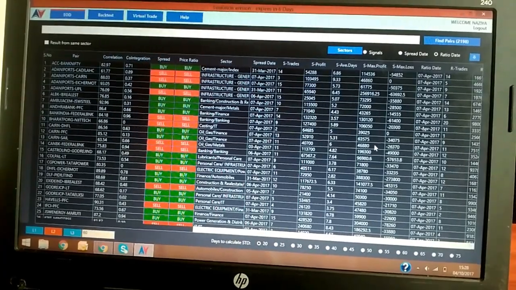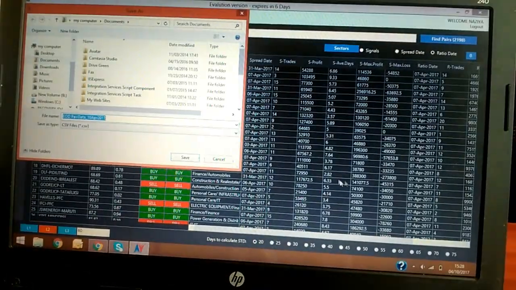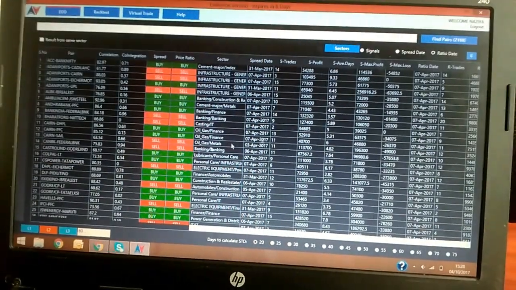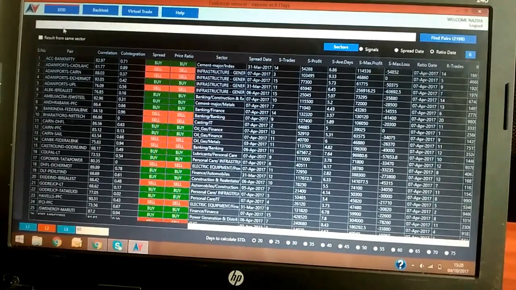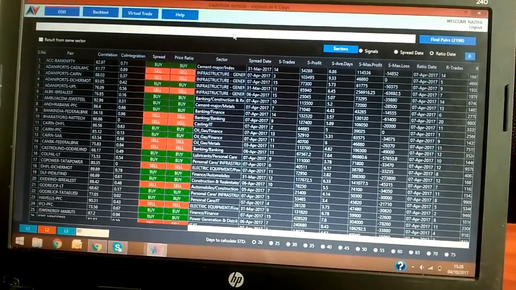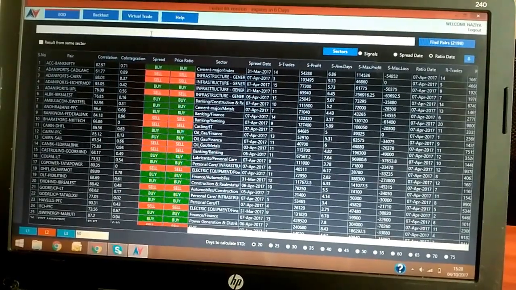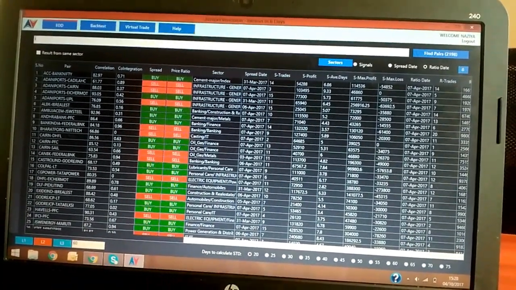And we have given the facility for you to download the entire trades in an Excel sheet. You can save it and keep it for future reference. For example, you can also search here in this blank box. You can search whatever pairs you want, like IOC.